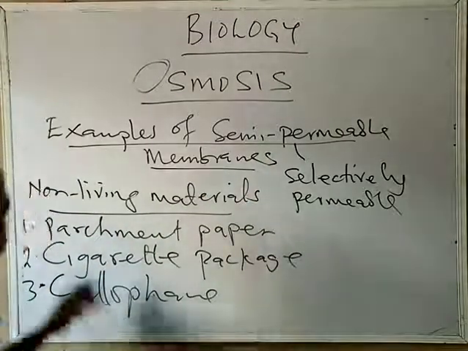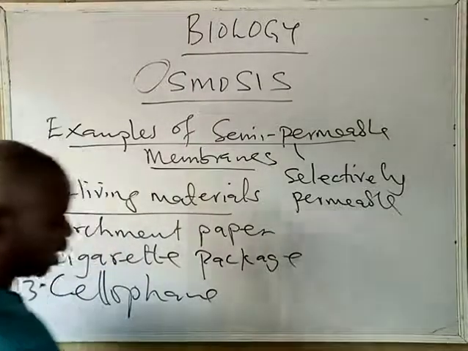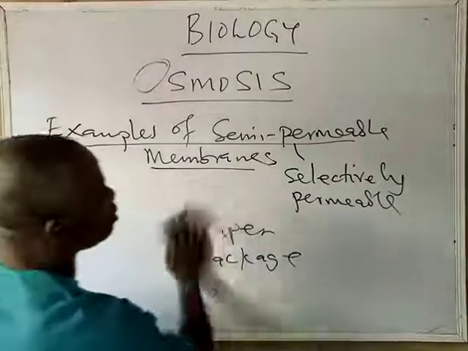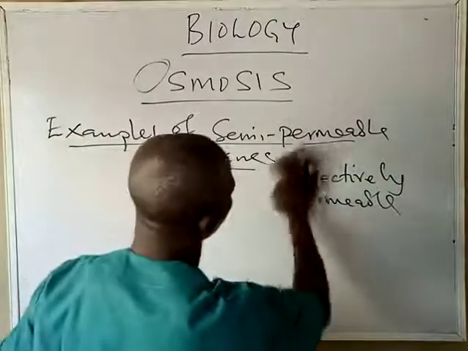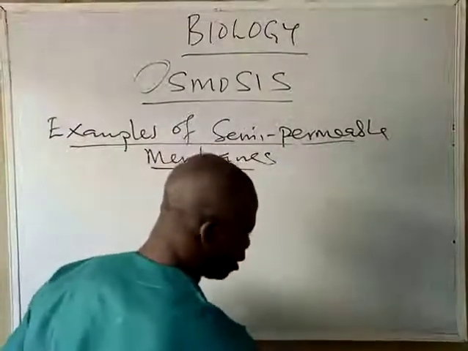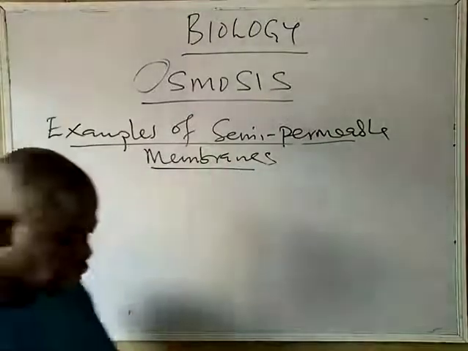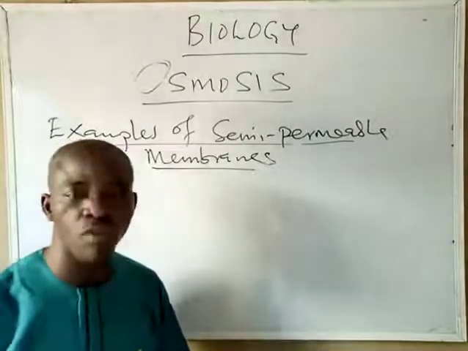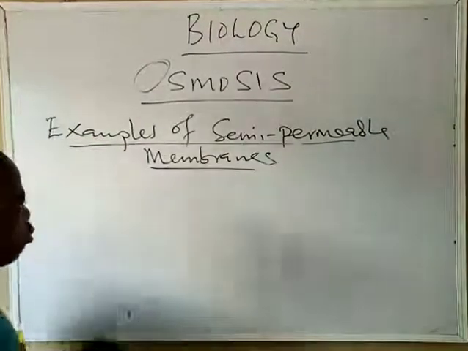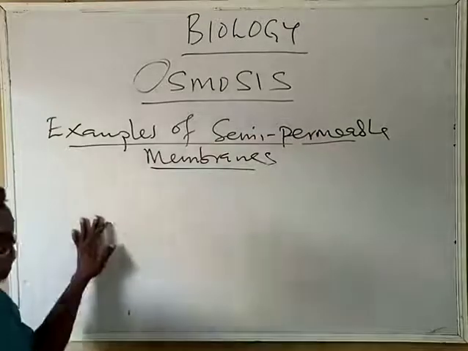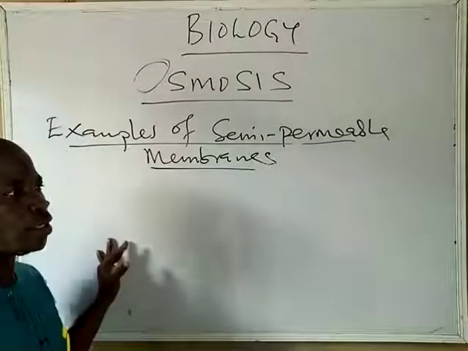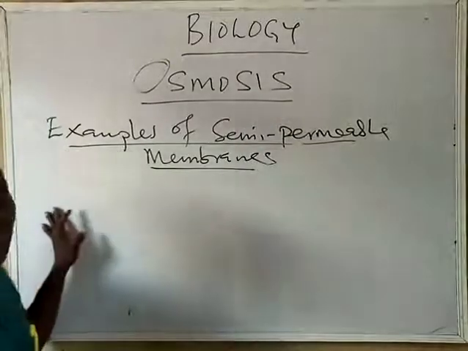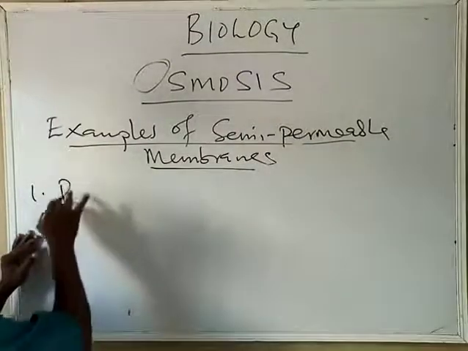Now from here, we look at living materials that are used as semi-permeable membrane. The reason why we are studying osmosis is because it has importance in plants and animals, especially in movement of water molecules. Now, in the body of plants and animals, we can see semi-permeable membranes such as peeled yam tuber.